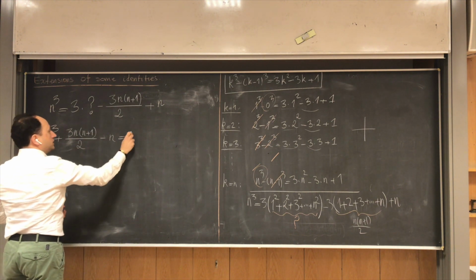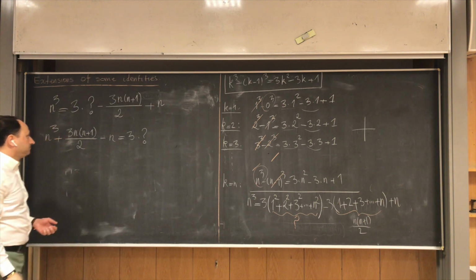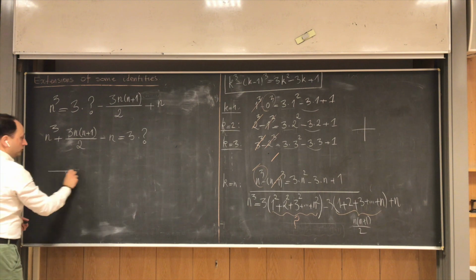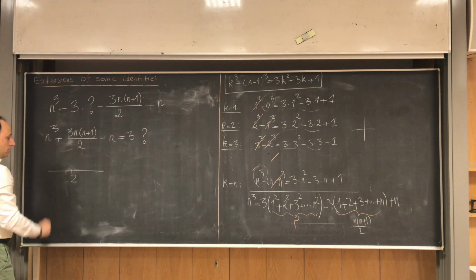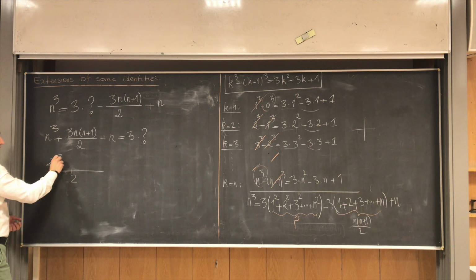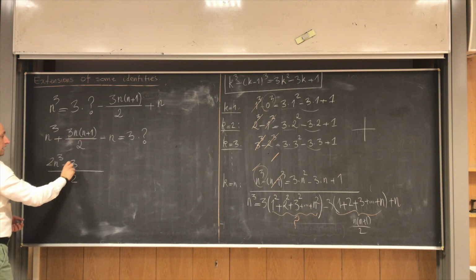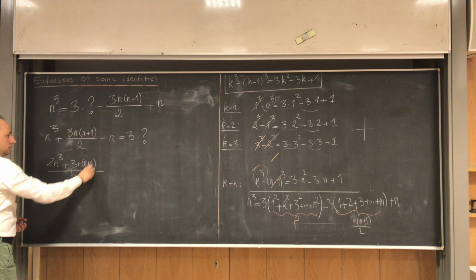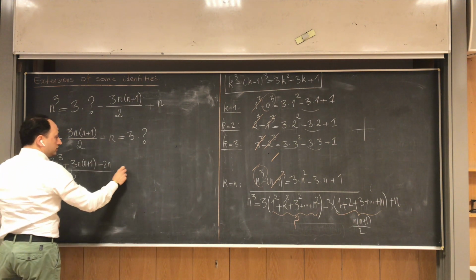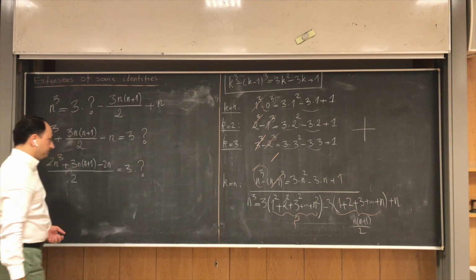I am left with 3 times the question mark. Okay. So let me simplify this expression for you. Here, I can take a common denominator. So this becomes 2n to the 3, this is just 3n, n plus 1, and this is minus 2n, is equal to 3 times the question mark.